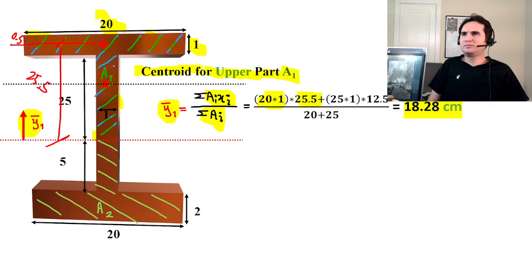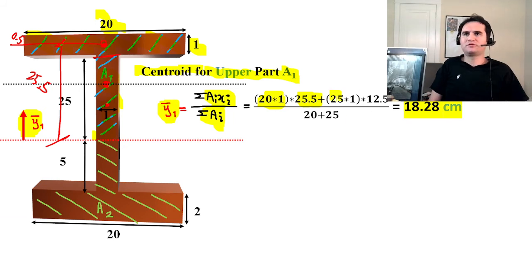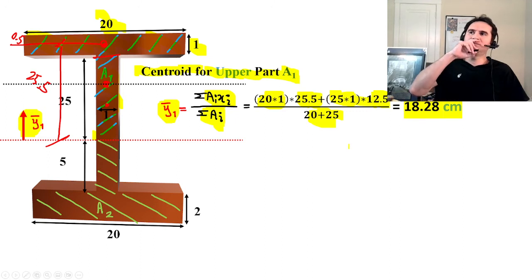Plus the part of A1 located on the web: 25 times 1 times 12.5, which is the center of the web part, over half of the area, which is 20 plus 25, that is 45.